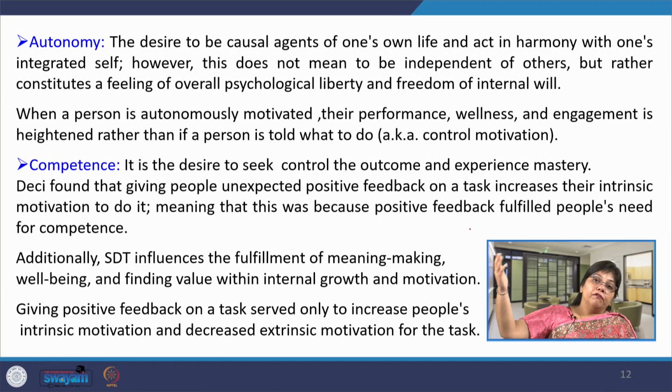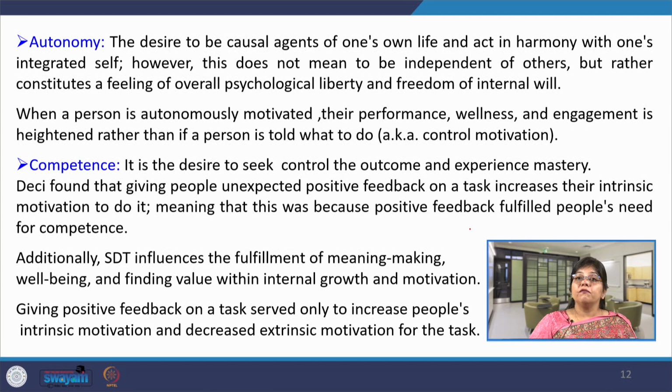Maybe if the person receives some extrinsic motivation from the higher authorities, he will not perceive that job in that meaningful manner, the way he has perceived it on his own, so meaningfully that he could receive those positive feedbacks and enhance his performance again. So, this is about finding value within internal growth and motivation.